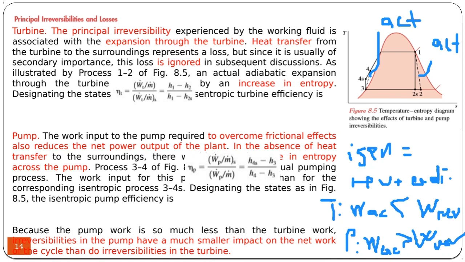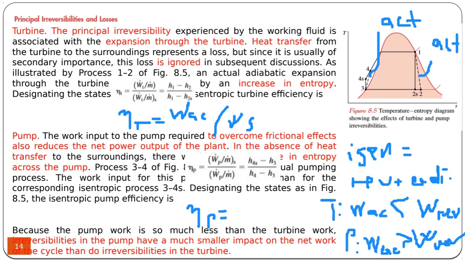So by taking into account the irreversibilities, we can have isentropic efficiency for the turbine. The isentropic efficiency of the turbine is the actual turbine work divided by the isentropic turbine work. On the other hand, isentropic pump efficiency is written in a reverse way.